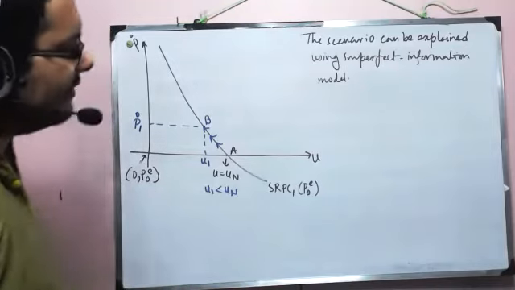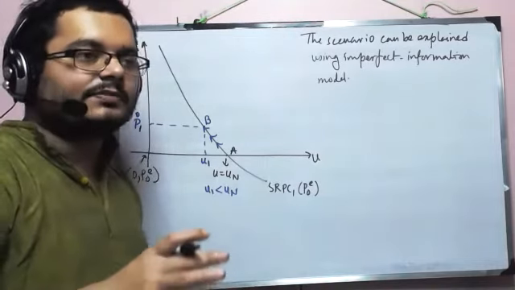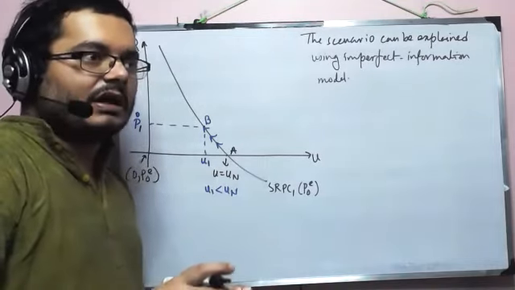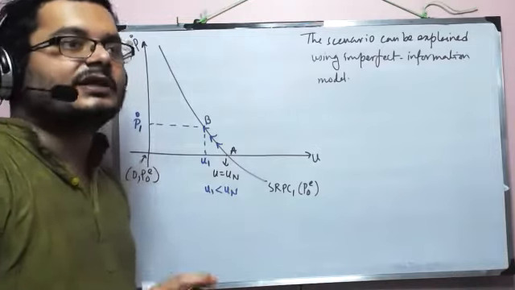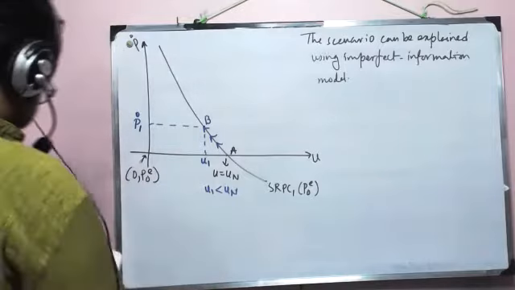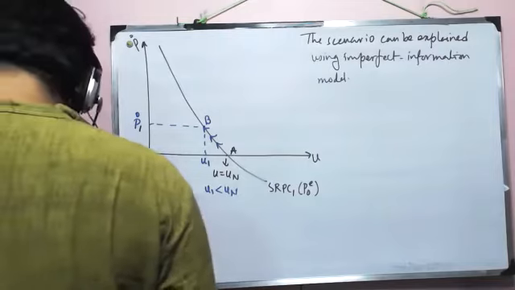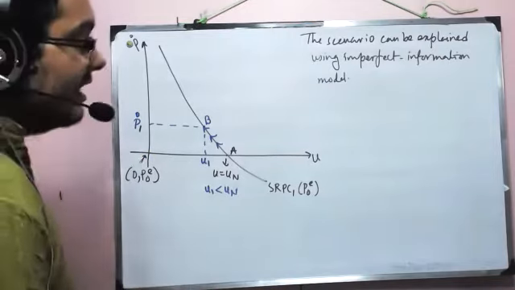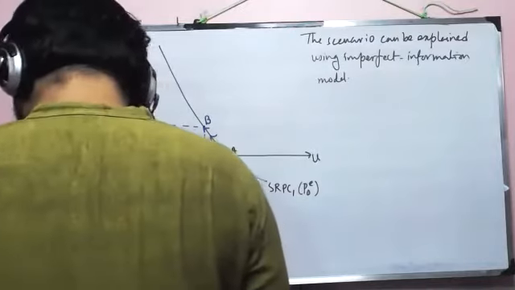So in the imperfect information model, the confusion is around whether the price increase is absolute or in relative terms. The workers, or the producers in this case, get confused between the two.